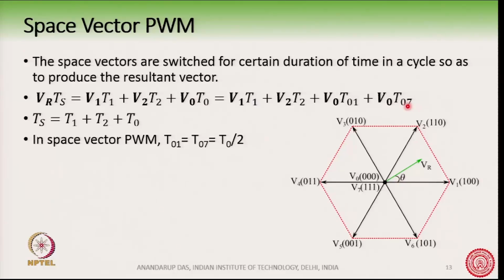Of course, Ts, the total time period of switching, is equal to T1 plus T2 plus T0, which means the sum of the time for which this vector and this vector are switched will be equal to the total switching time period Ts.